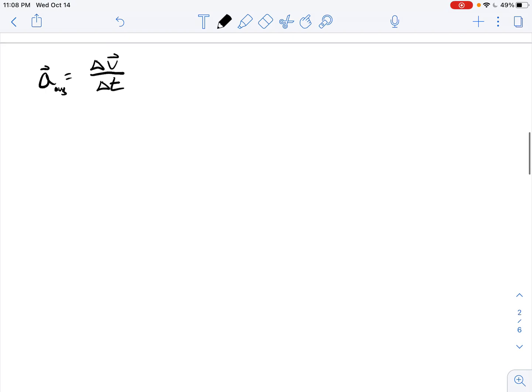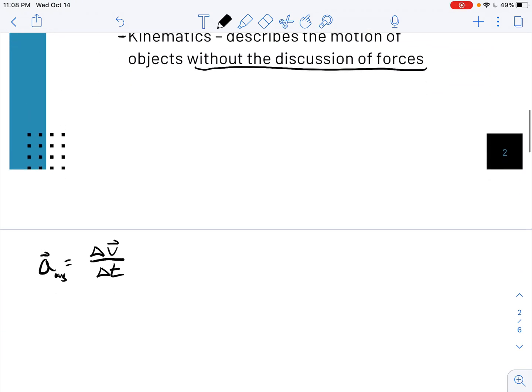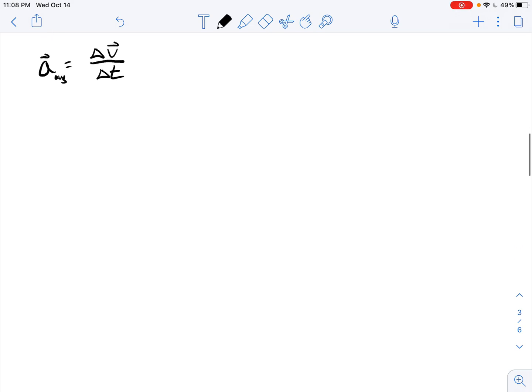Now, because we're only dealing with situations that have a constant acceleration, our average acceleration is just going to be the same value throughout. So because our acceleration is constant, we can just replace our average acceleration.